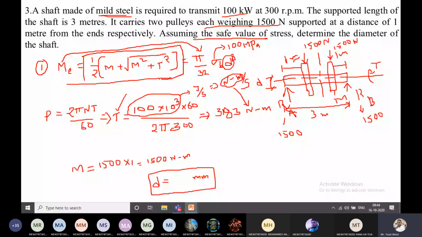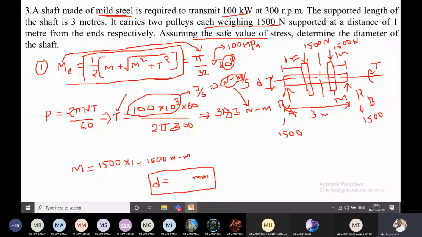Convert it into Newton mm, because sigma b is in Newton per mm square. If you calculate directly in Newton meter and equate into this equation, you will get the wrong answer. After converting to Newton mm, equate to this equation, then you will get the answer in mm.